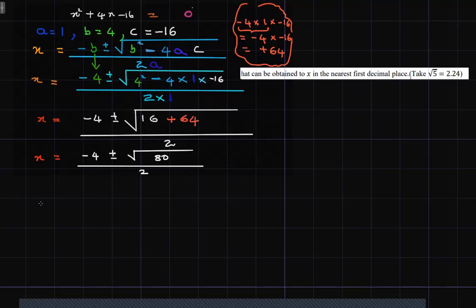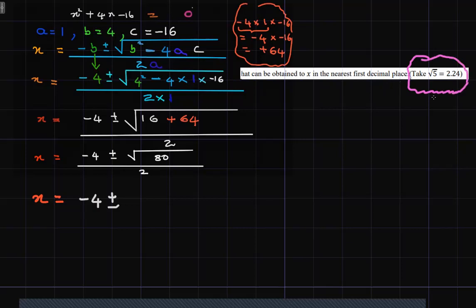Now some of you may be thinking, all right, to find the square root of 80, we'll have to use the log tables. But there's no such requirement for log tables in this question. Why? If you read the question, in the last line, they have asked you to take root 5 as 2.24.